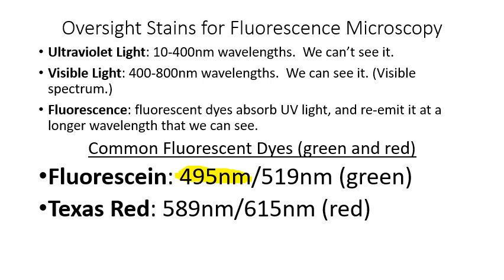But it absorbs light at 495 nanometers, and it re-emits it at 519 nanometers, which has a green appearance to the human eye. Texas red absorbs at 589, which is barely ultraviolet at all, and re-emits at a wavelength of around 615 nanometers, which is red in color to our eye.